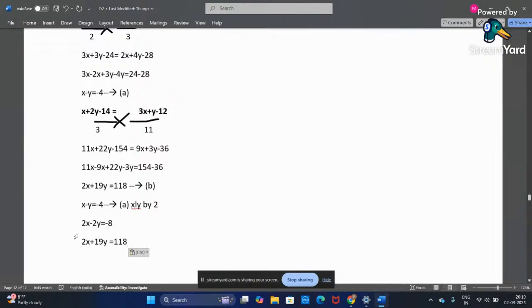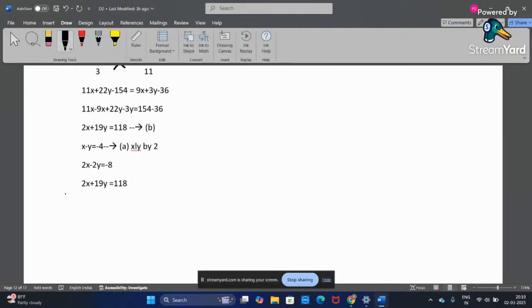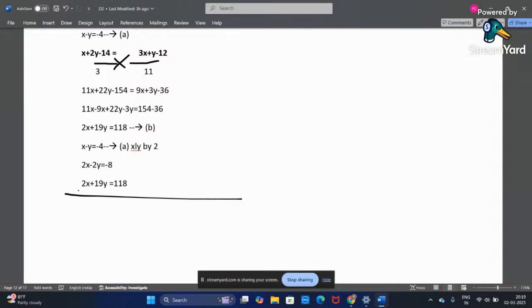So here in linear equation, while subtracting, this plus sign will change to minus, and minus sign will change to plus. Plus 2x and minus 2x get cancelled.